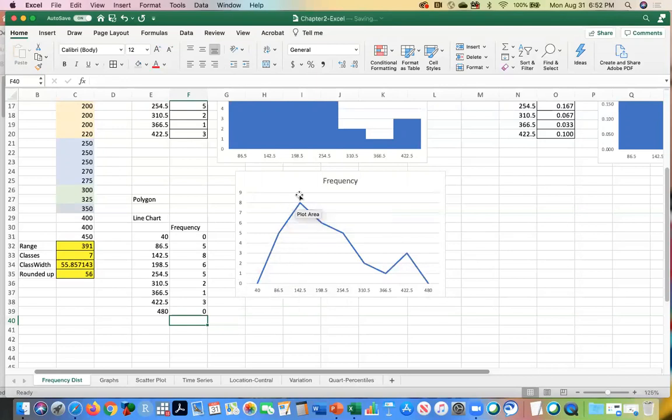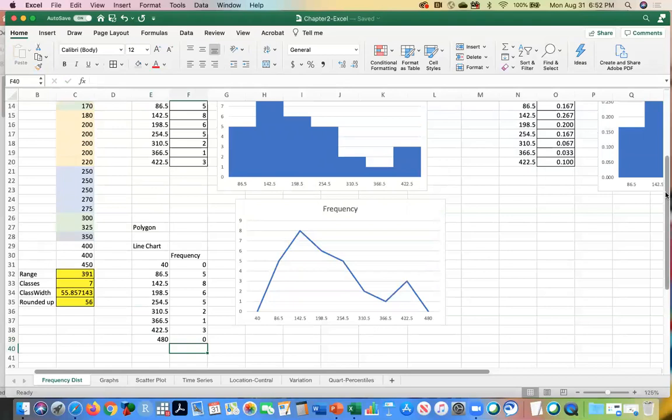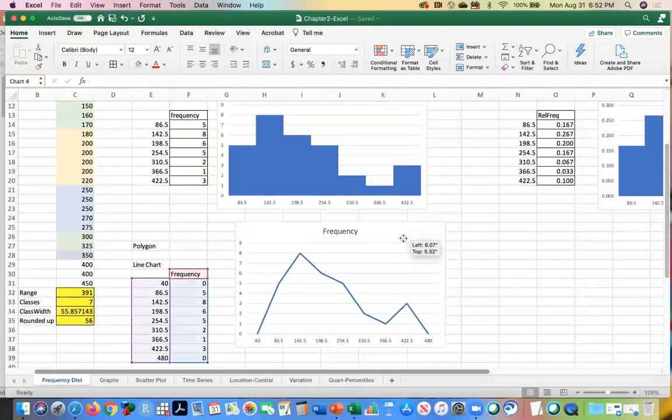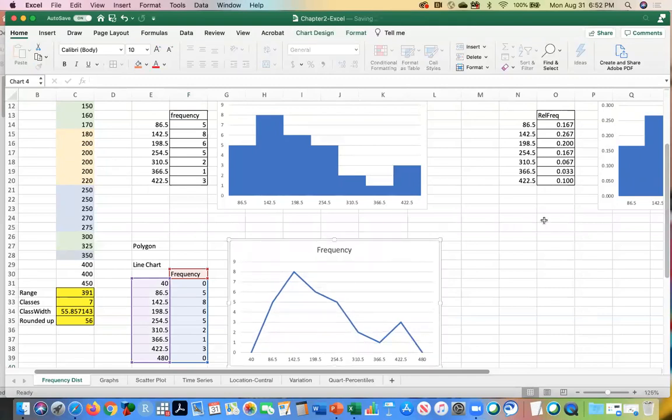So this is a polygon. As you can see, the polygon is almost the same idea of the histogram. I can see what is the highest point, what is the lowest point, and what might be the points that I want to focus my attention on, okay? So polygons are very easy to make.